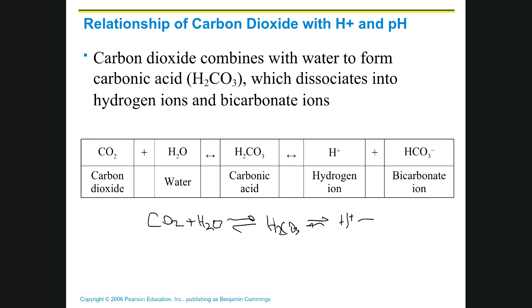Well, look, a hydrogen ion looks like this. And a hydrogen ion is what makes an acid an acid. So the more hydrogen ions you have, the stronger the acid.